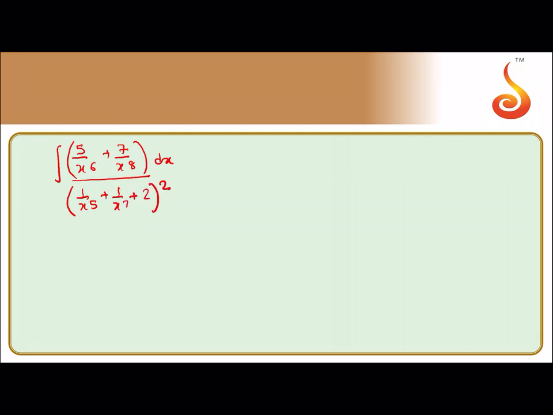divided by 1 by x to the power 5 plus 1 by x to the power 7 plus 2 whole square. So if I consider this as t, this becomes minus dt by t square. What is t we have considered? 1 by x to the power 5 plus 1 by x to the power 7 plus 2 is equal to t.